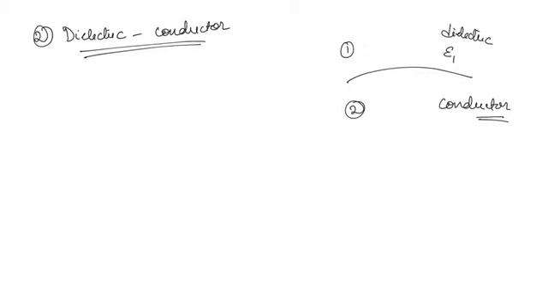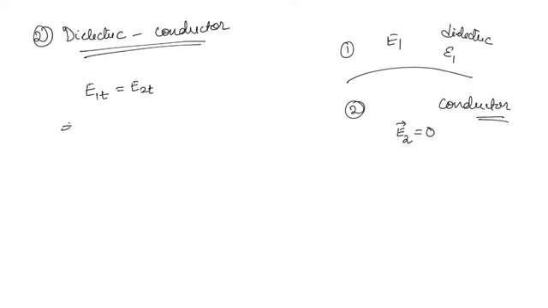In the static equilibrium condition, there is going to be no electrostatic field. That means E bar is equal to 0. The tangential component of electric field, if you remember, E1t is equal to E2t. If you take this as E2 and this as E1, E2t is 0 because E2 bar is 0.